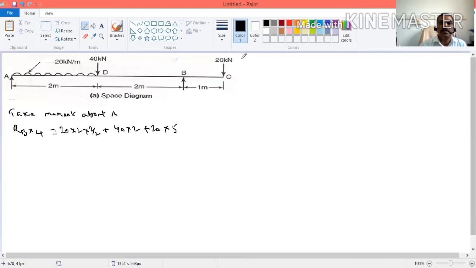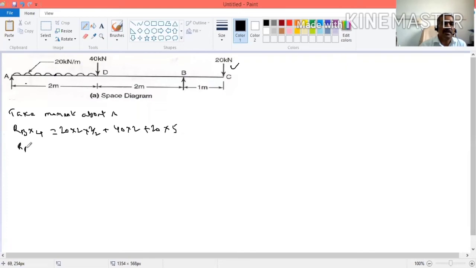This is 20, distance is 5. This is 40, distance is 2. This is a 20 into 2 force, and the center of gravity will be at the center, so the distance will be 1, so 2 by 2.